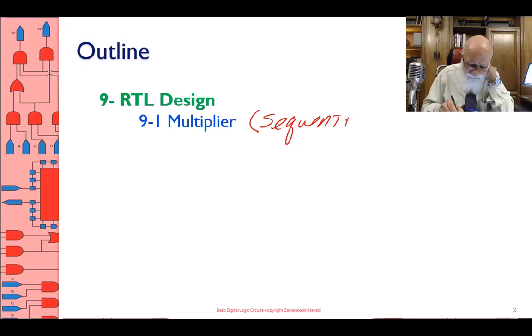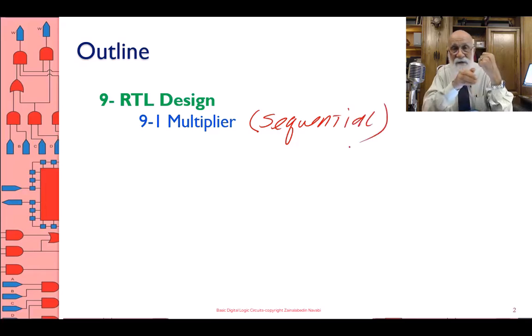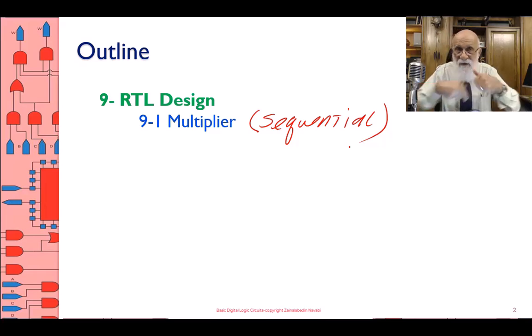Sequential multiplier, the same way that the serial adder that we did uses one single bit for adding 8 bits, this uses one single adder, let's say a 16-bit adder, for multiplication of two 16-bit numbers. Okay, so that's the whole philosophy behind it.